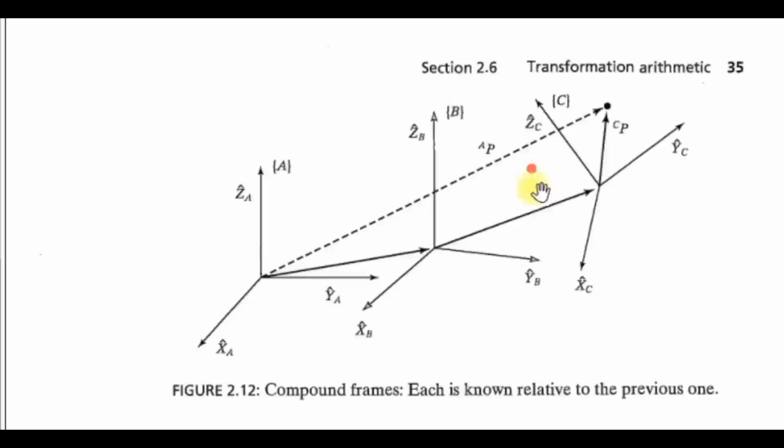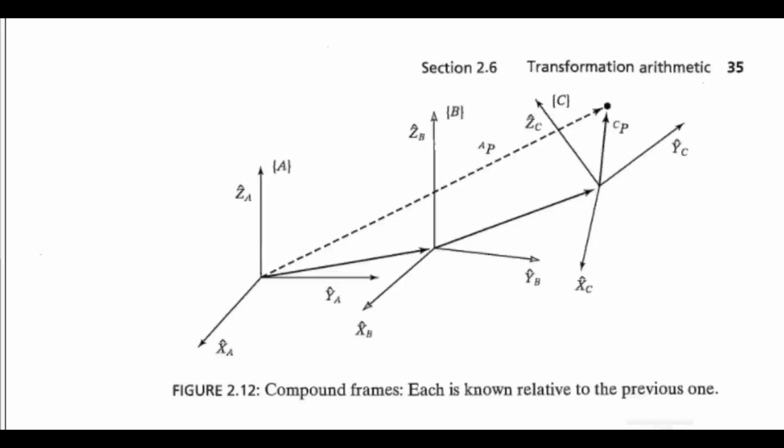I have to calculate the C. So if I calculate the C with respect to B, then obviously I have to consider BRC, meaning the value of C with respect to B.